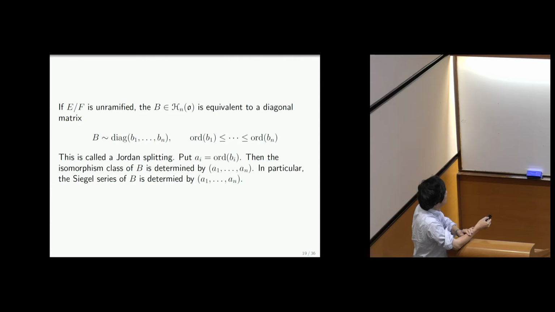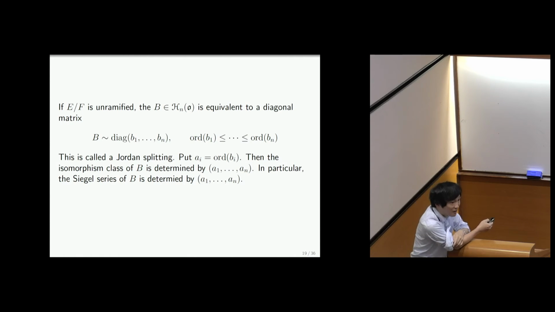This is called a Jordan splitting of B. And put a_i as the order of b_i. Then the isomorphism class of B is determined by this sequence. In particular, the Siegel series of B is determined by this sequence.